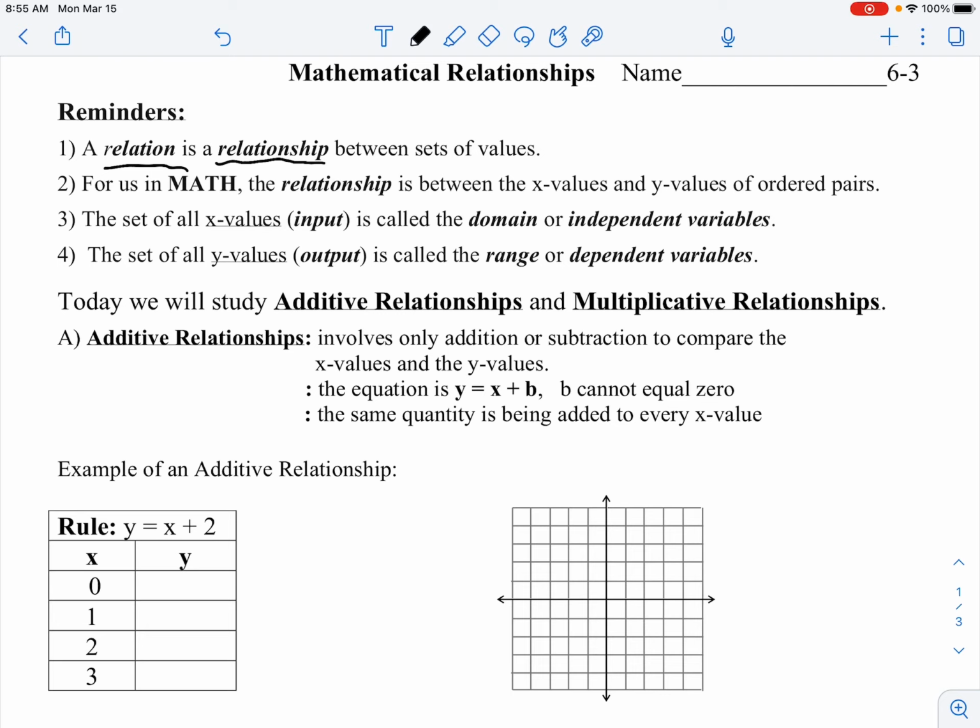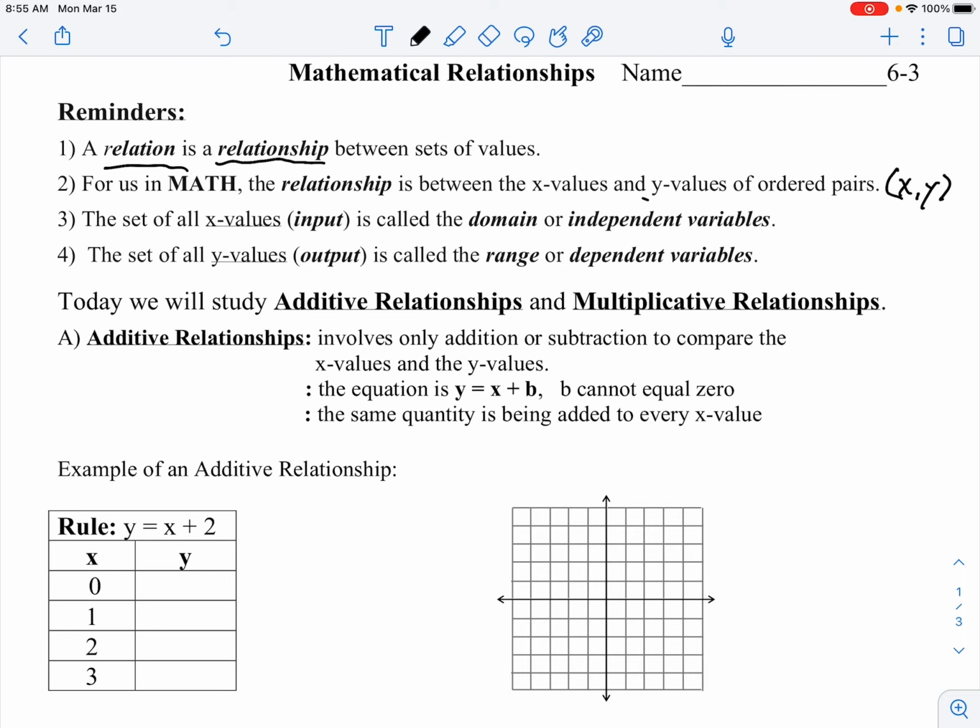For us in math, the relationship is between the x values and the y values. So remember our ordered pairs, or our x comma y's. Those are our ordered pairs. We always go horizontally first, vertically second.